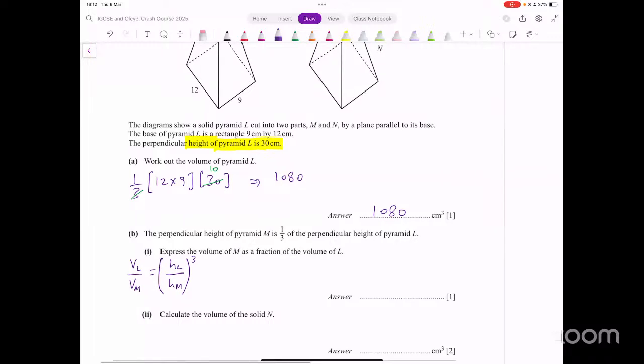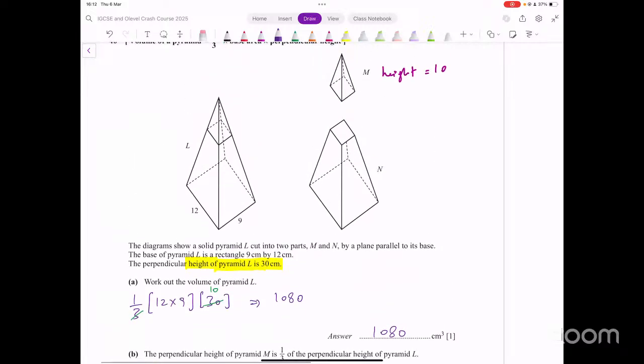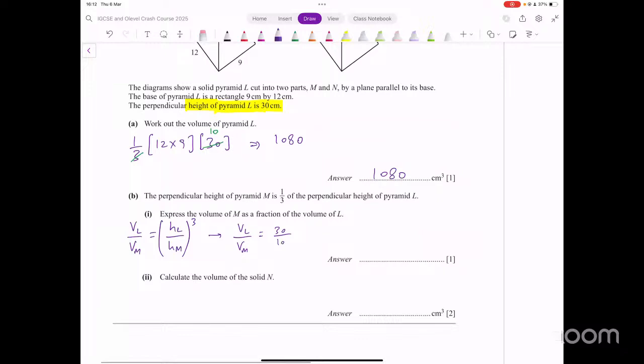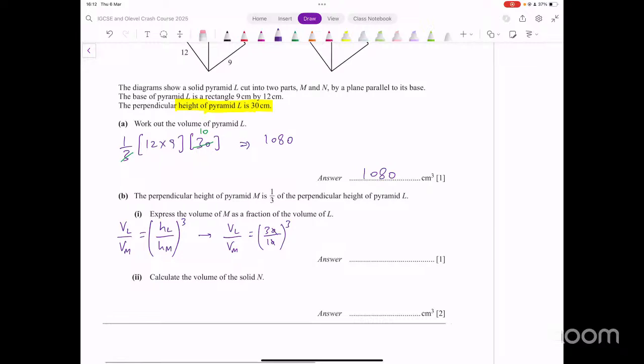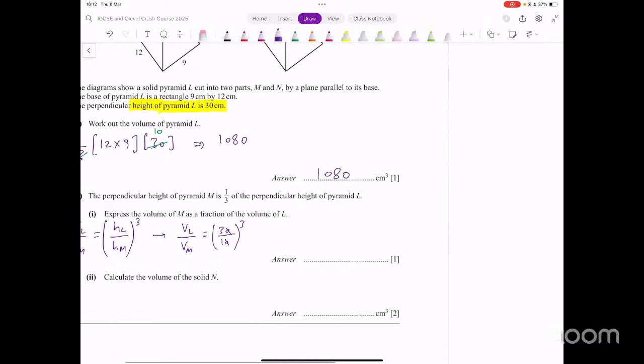That was 30. So VL over VM equals 30 over height of pyramid M, that's just 10, whole cube. This gets cancelled, and we're left with 3 cube, which is 27. VL over VM is equal to 27.